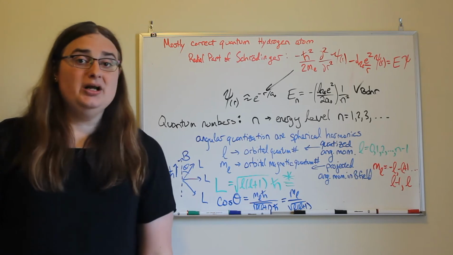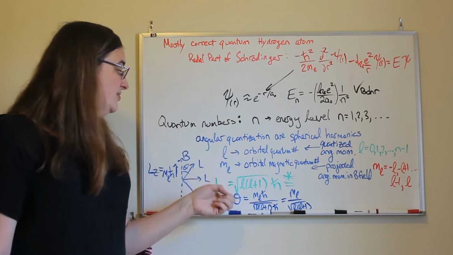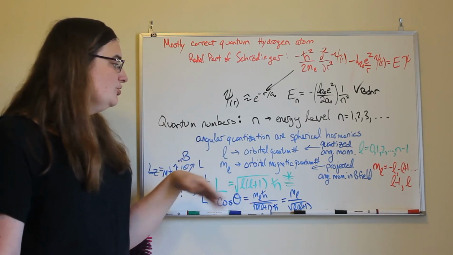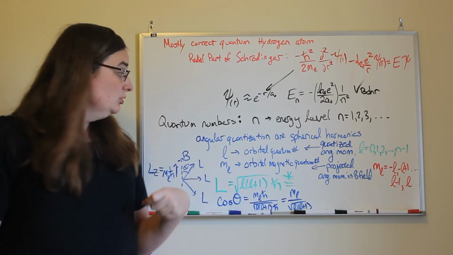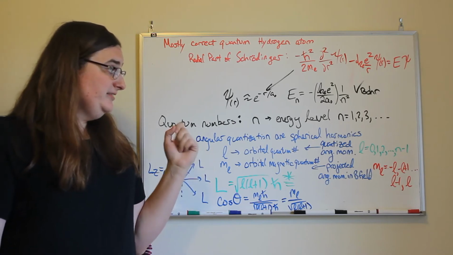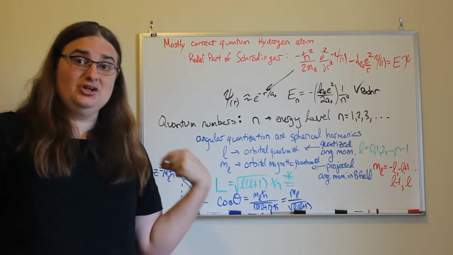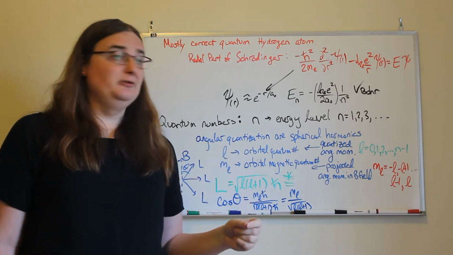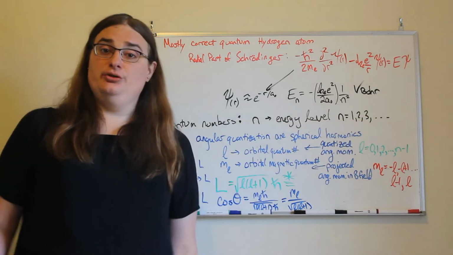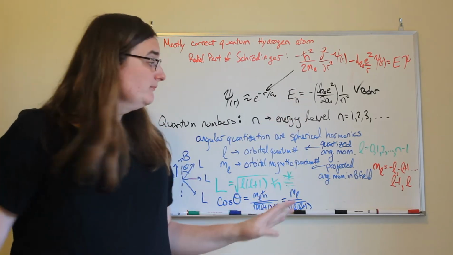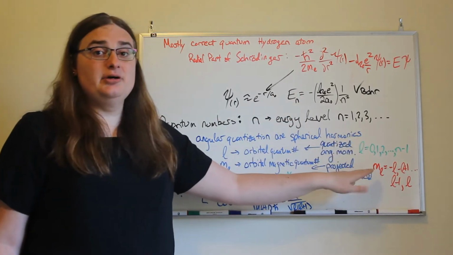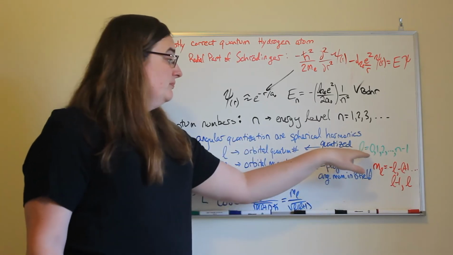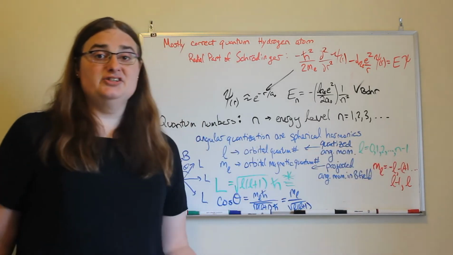So in terms of quantum numbers, we call our 2 quantum numbers L and m sub L. Now L is the orbital quantum number, and it's the number that allows us to quantize angular momentum. And there are some restrictions on L. n can be any integer from 1 to infinity. L starts at 0, and there are angular momentum states from 0 all the way up to n minus 1.